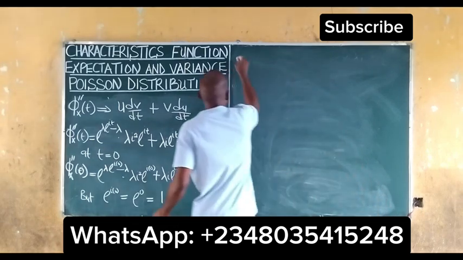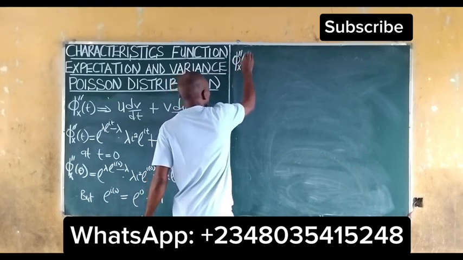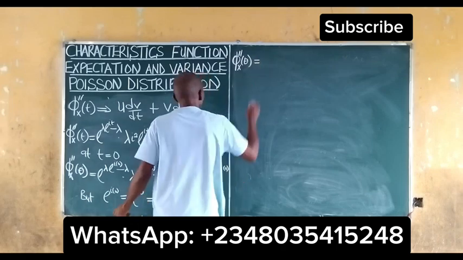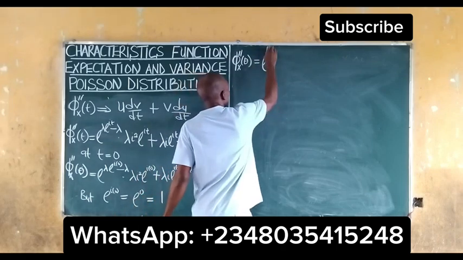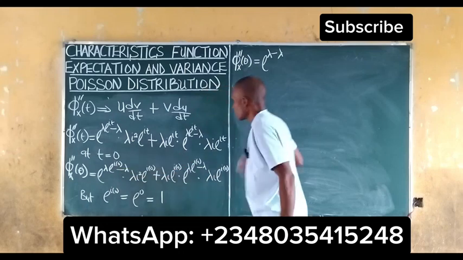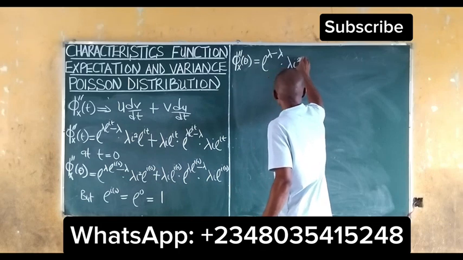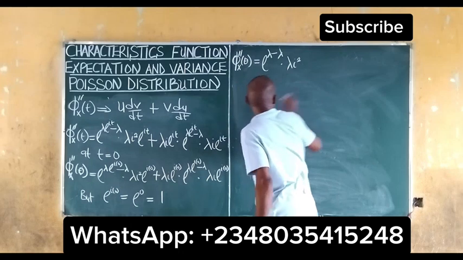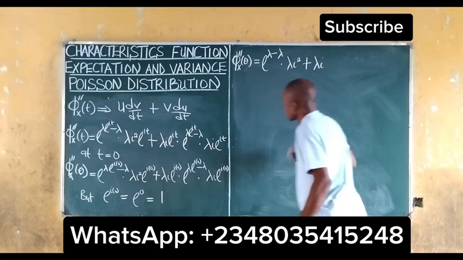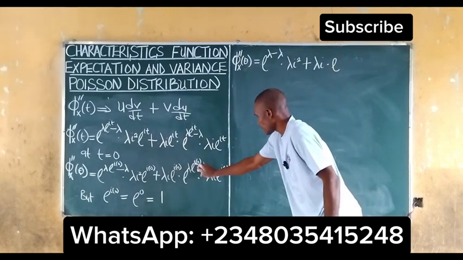So, it then means that our second derivative for our characteristic function is equal to exponential lambda minus lambda, because this has come to 1, multiplied by lambda i squared, this is also 1, plus lambda i, this is also 1, multiplied by exponential, this is 1.